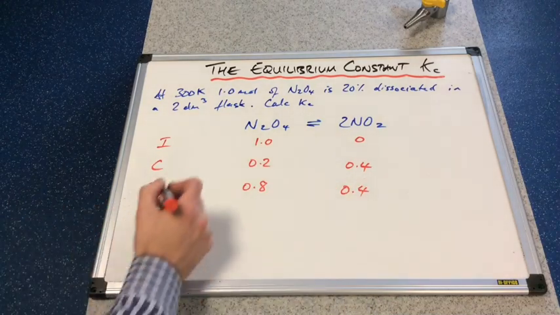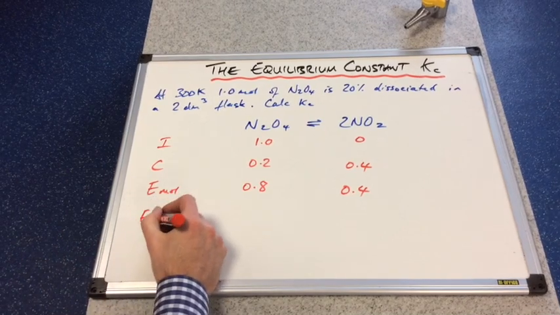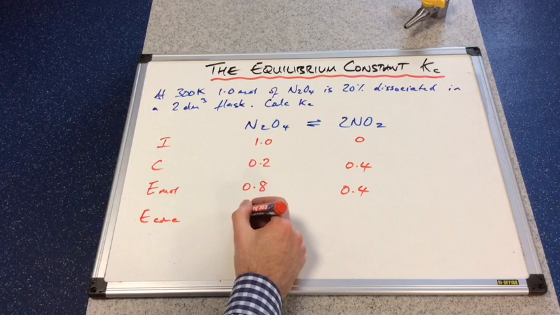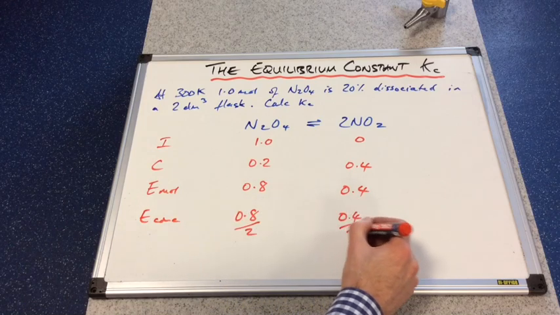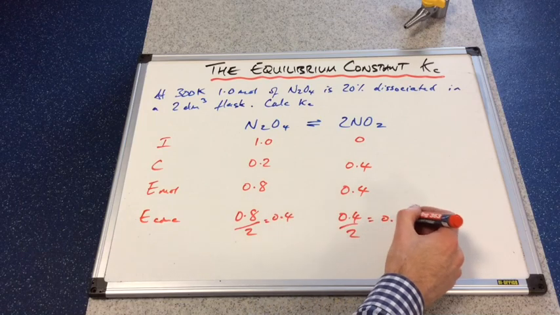So these are the equilibrium moles. Turn it into concentrations now, and we divide that by the volume. So that would be 0.8 over 2, 0.4 over 2, that's obviously 0.4, and that's obviously 0.2.